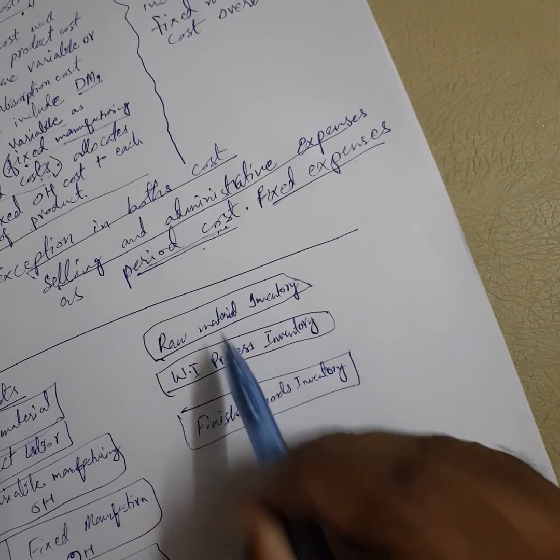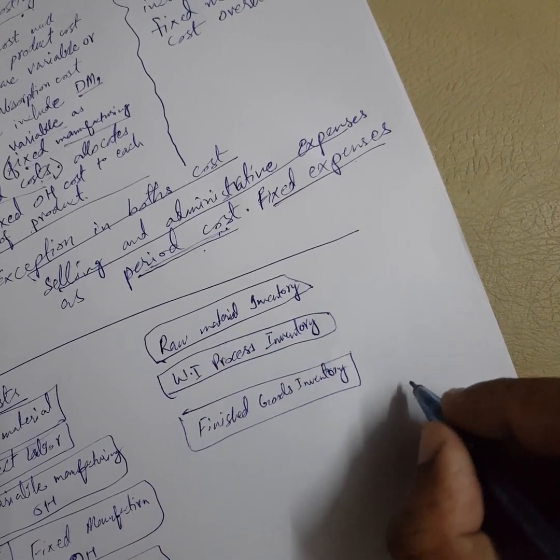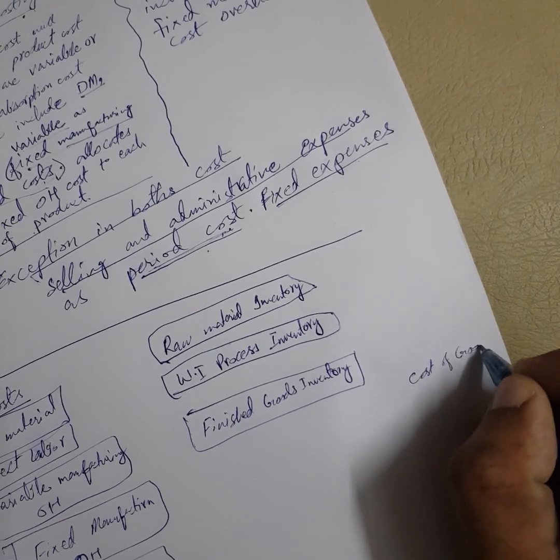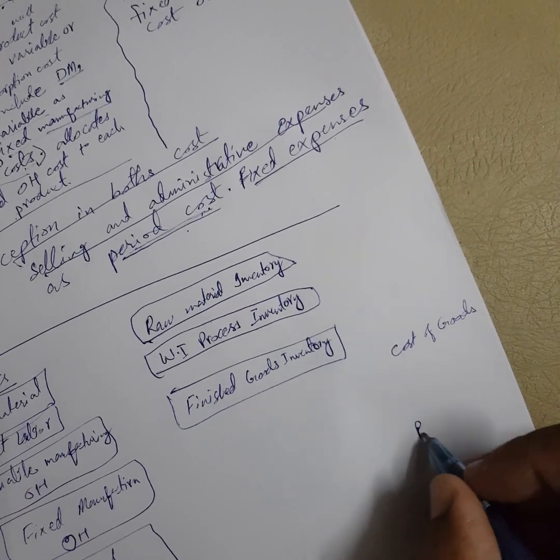As you all know, with these types of inventories we come to get cost of goods and period expenses.